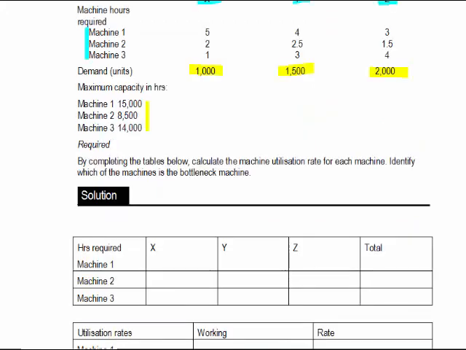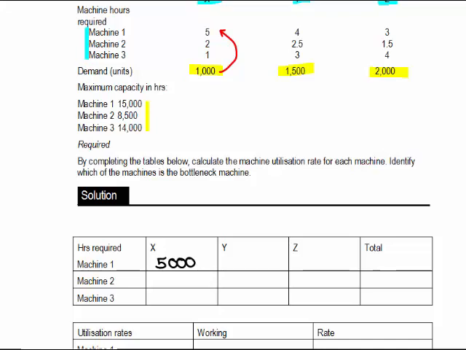So let's take machine 1. Well, to calculate the first product, X, we need to take the demand and multiply it by the requirement. So on machine 1, for X, it's going to be 5 multiplied by 1,000, so it needs 5,000 hours on machine 1.